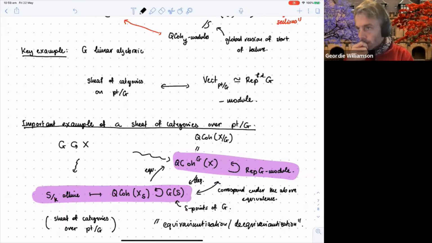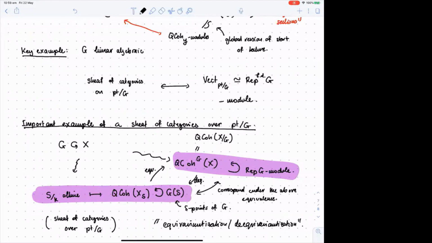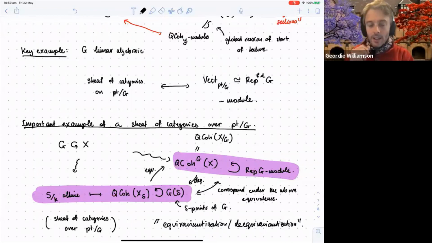So what if you add the additional requirement that this is a stack, not just a pre-stack? Yeah, I'm not an expert, but there are many different sheaves of categories on spaces. For example, perverse sheaves form a stack on top of something like complex algebraic varieties.